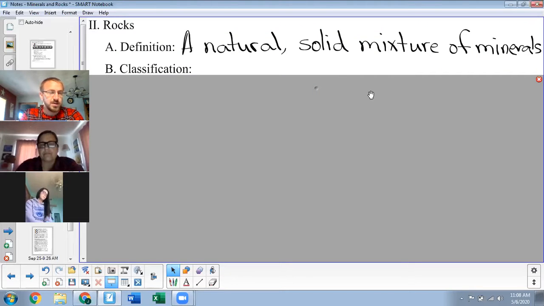And then you've got other parts in there, like nuts if you like disgusting cookies, or chocolate chips, or some of the yummy delicious things. Each of those individual parts would be like the minerals. And the whole cookie itself would be the rock. I just wanted to make sure we know the difference between a mineral and a rock.